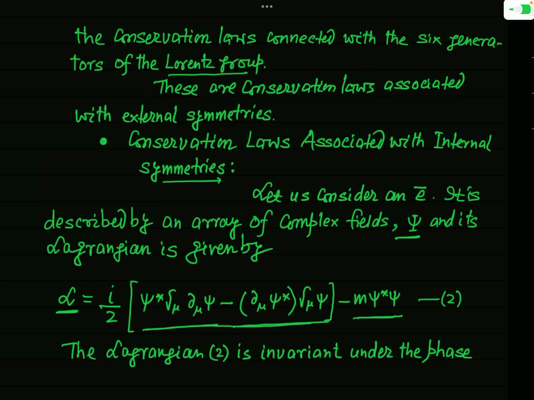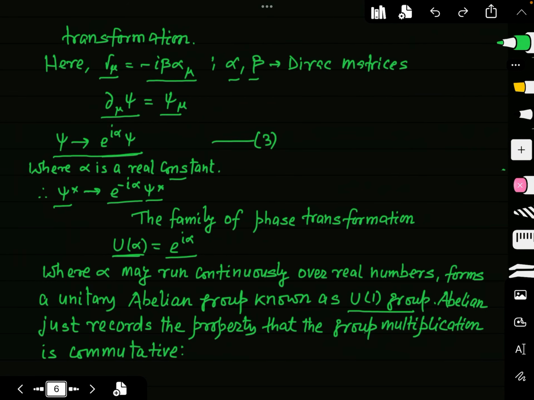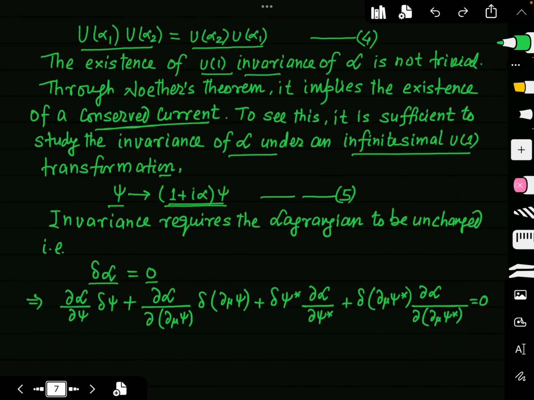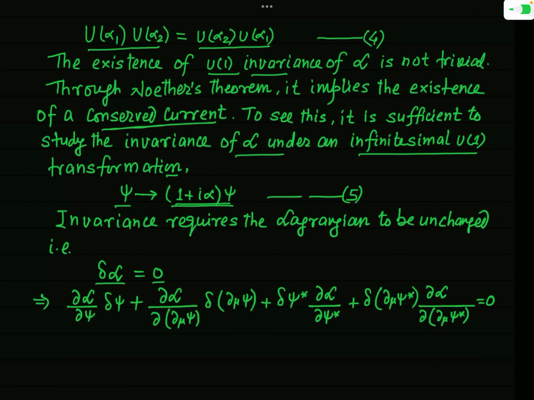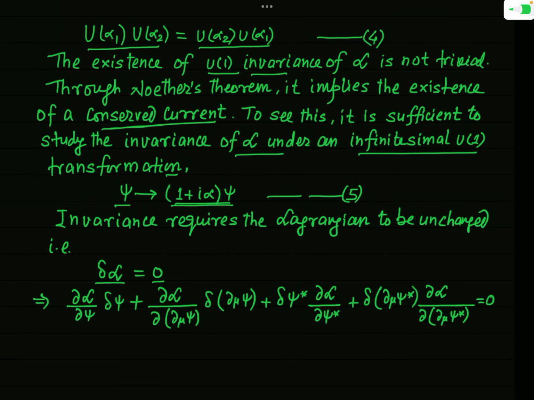So see this expression carefully and find the value of delta L by following the rules of partial differentiation. You can see, if we make the change in L following the rule of partial differentiation, by taking the expression which I have defined in equation 2, what your result will be. You can see this will be in fact del L by del psi delta psi plus del L by del mu psi times delta del mu psi.